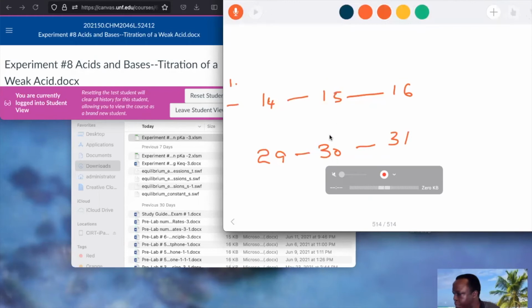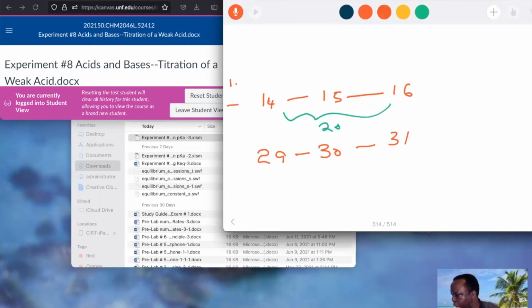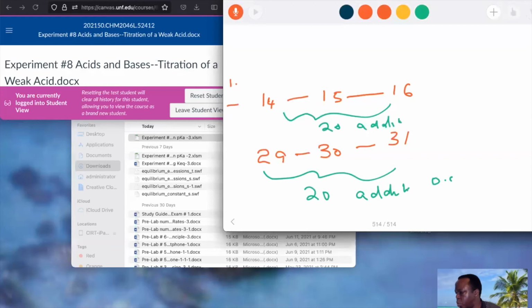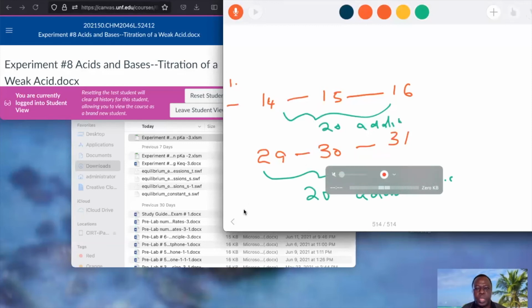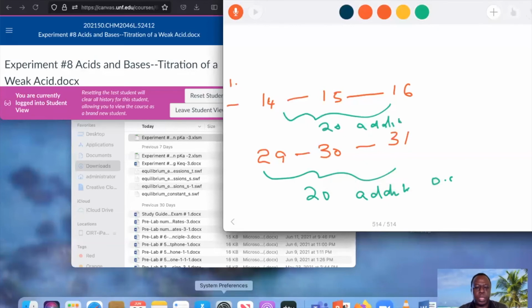Within this region, you'll perform 20 additions of 0.01, which is 2 drops. You'll have to add 20 within that region, okay?